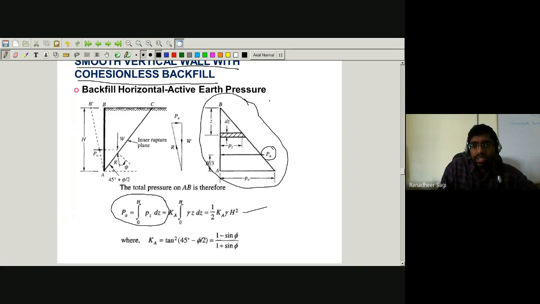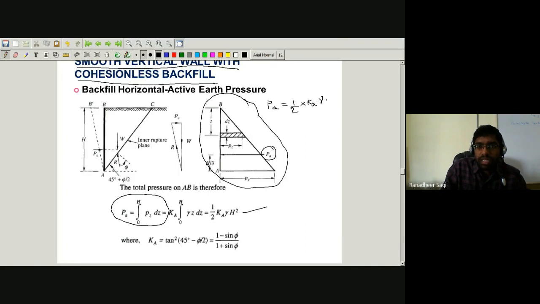So the area under the earth pressure distribution diagram here, we said, is a triangular distribution. So area is half into the base value, that is small pa. Small pa is nothing but Ka into sigma B. What is sigma B?